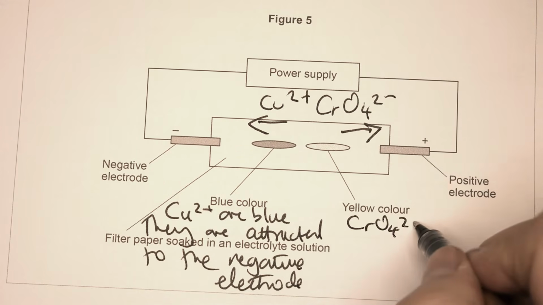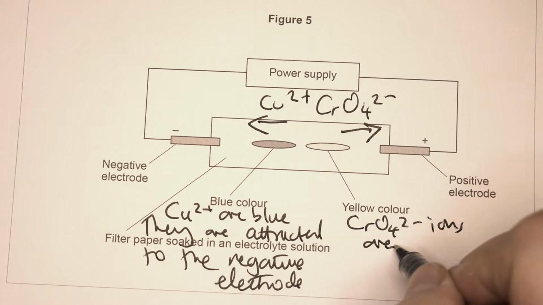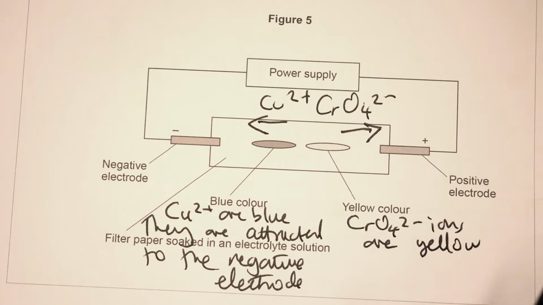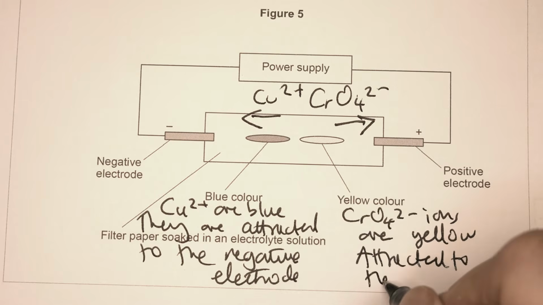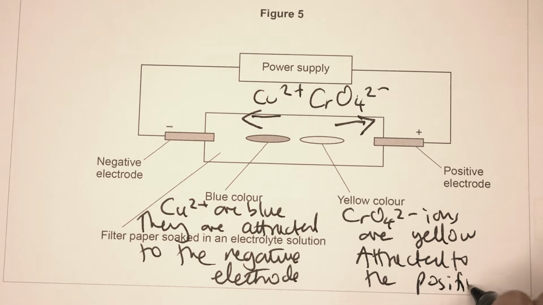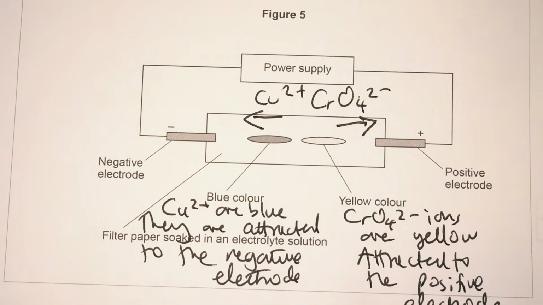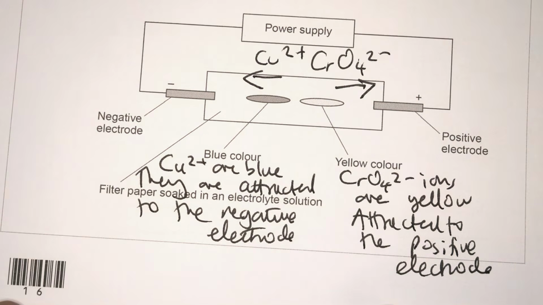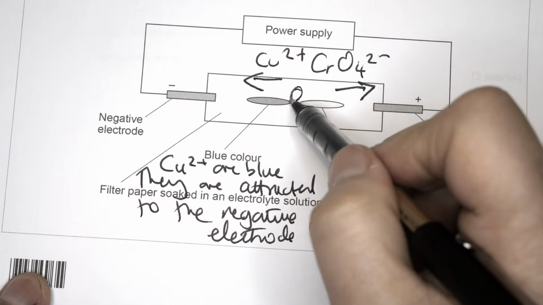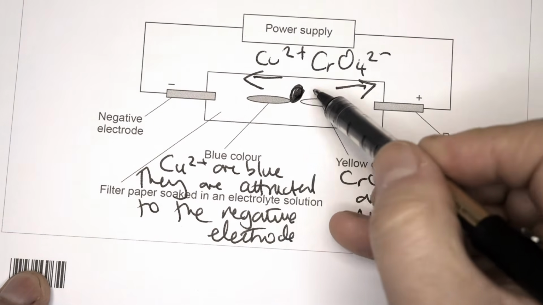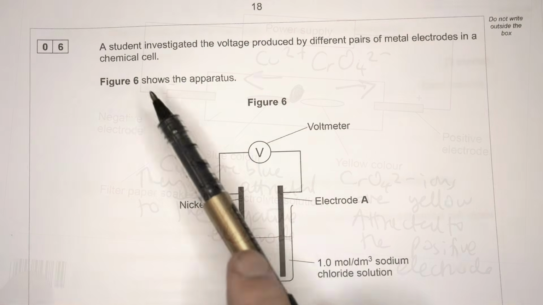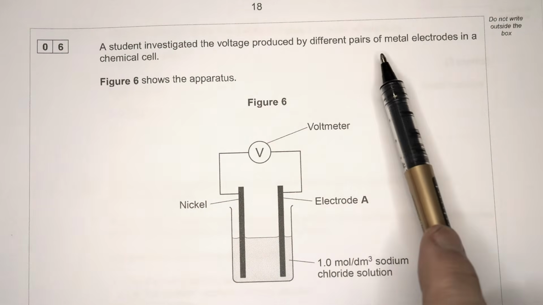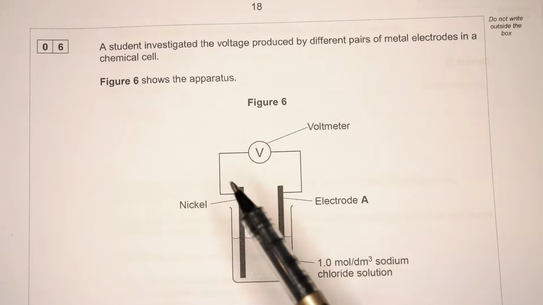So chromate ions are yellow and they are attracted to the positive electrode. So this really shows what electrolysis is. Electrolysis means using electricity to split something apart. So we started off with a splodge of copper chromate, and it's splitting the copper one way and the chromate the other way.